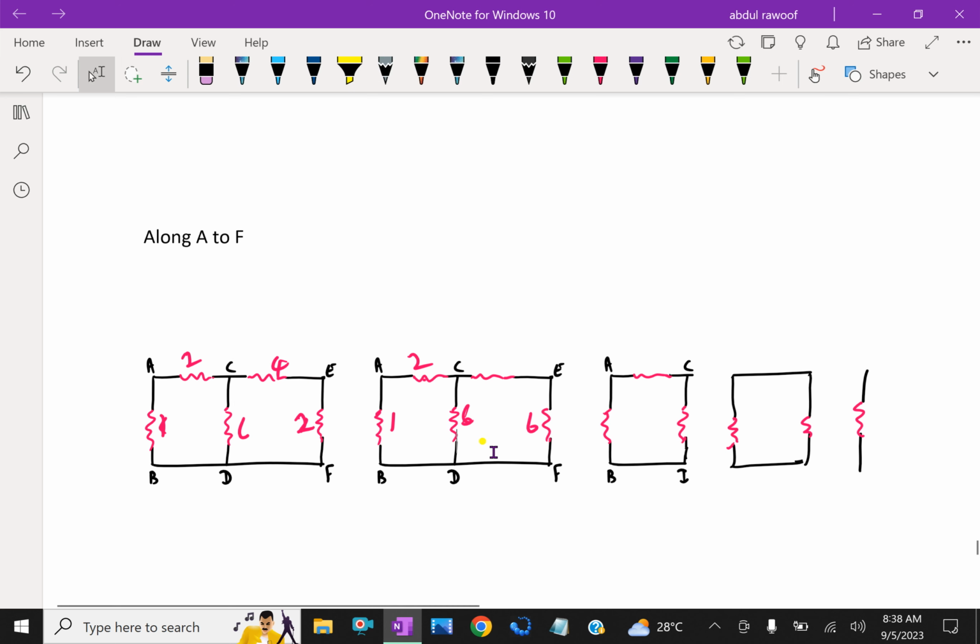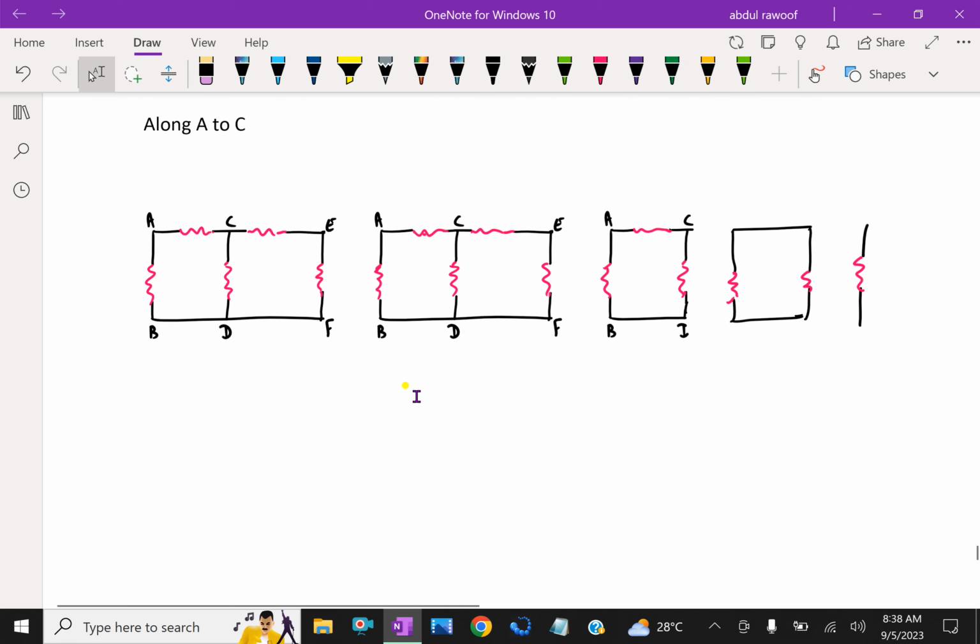Next, we have to find A to F. For that we have 1, 2 and 3. This is F. Then A to F is here, this side is 1, this 2 and 3 is 5. And 1 and 5 gives 5 over 6, 5 over 6 ohm. A to F.